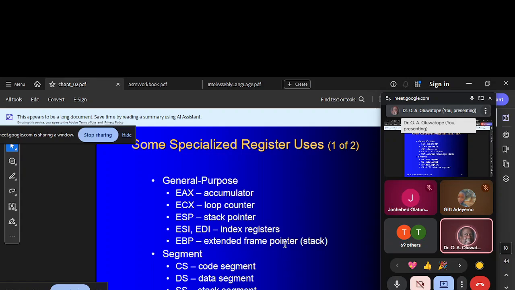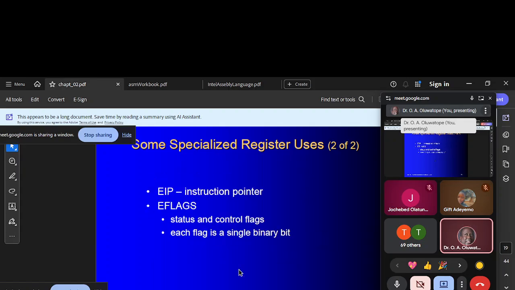The BP simply means base pointer for stack. And then I've mentioned all of this: code segment, data segment, stack segment, and additional segment. The EIP simply means instruction pointer, and then the EFLAGS contains the status and control flags.